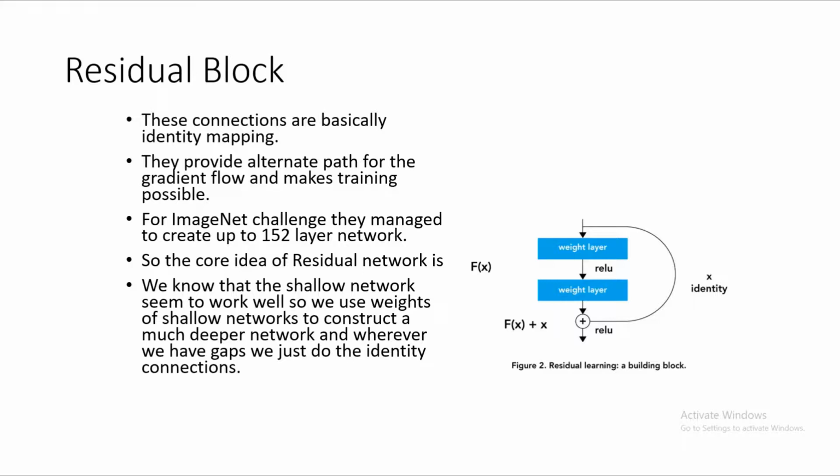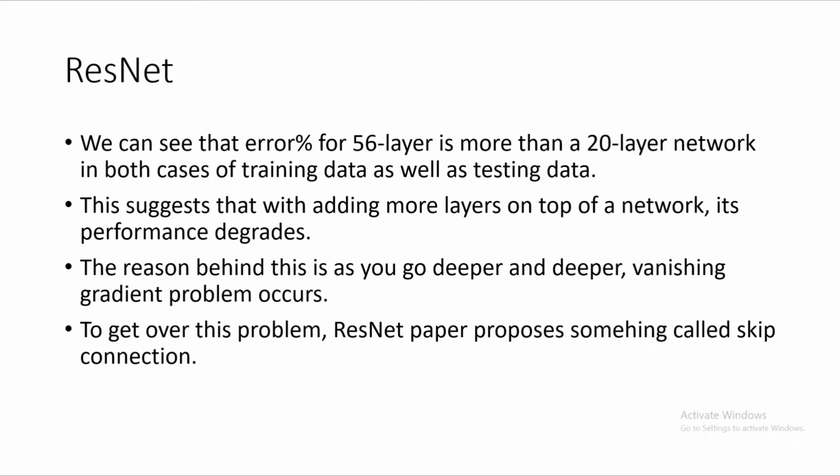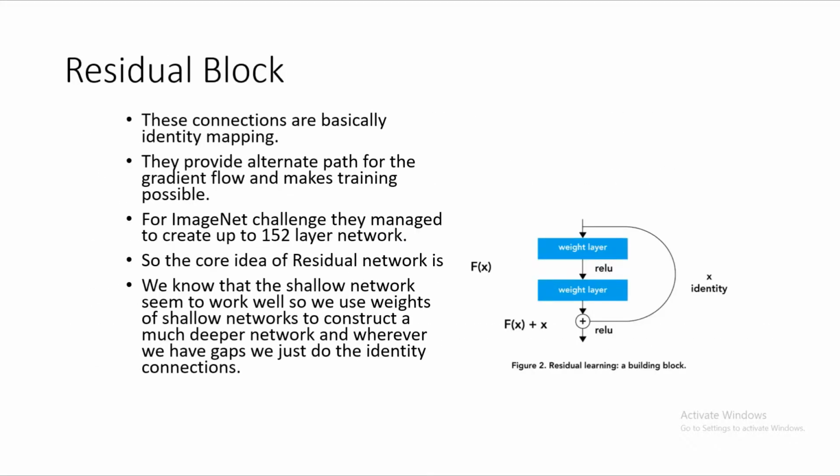So the core idea of the residual network is that we know shallow networks seem to work well. As we have seen before in the comparison between 20 and 56 layers, the 20 layer shallow network gives us better performance.